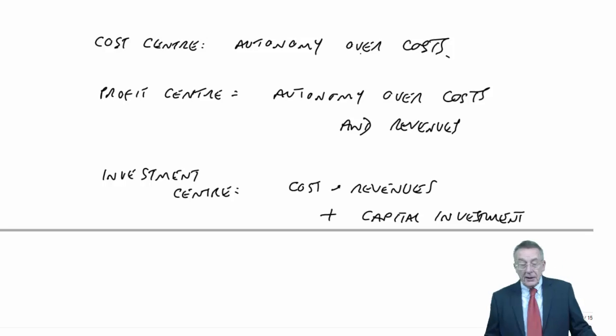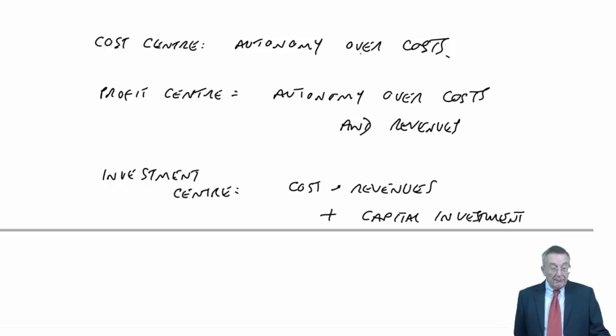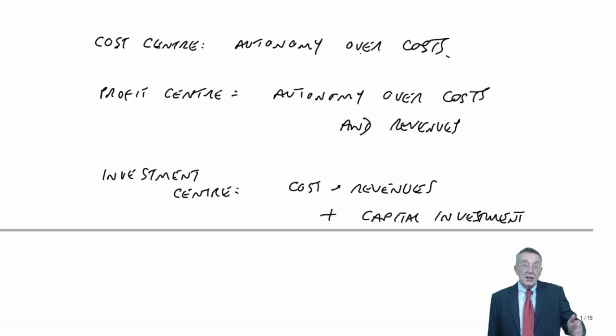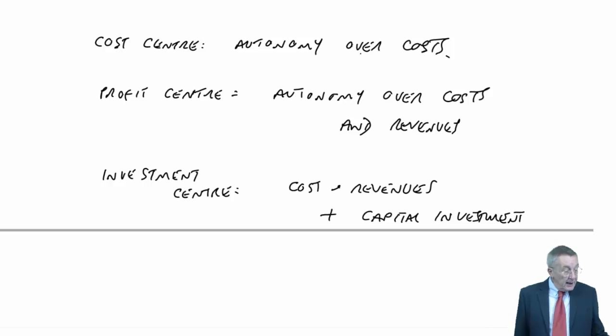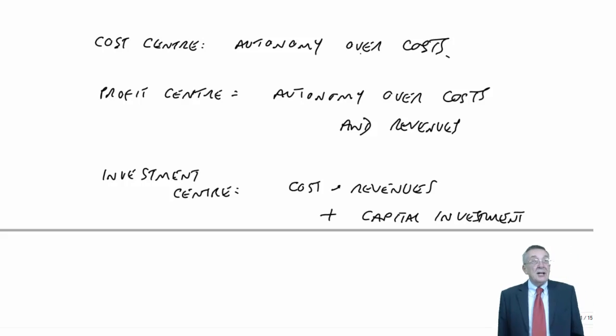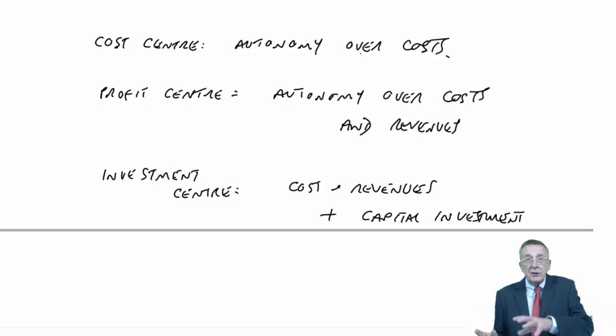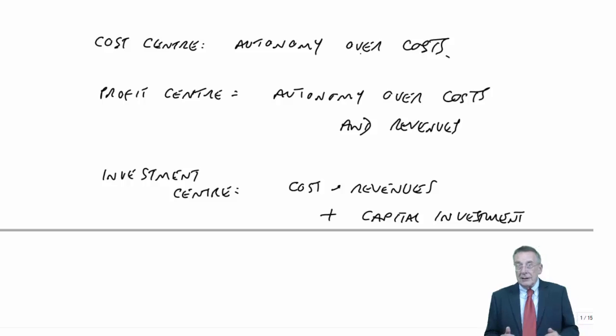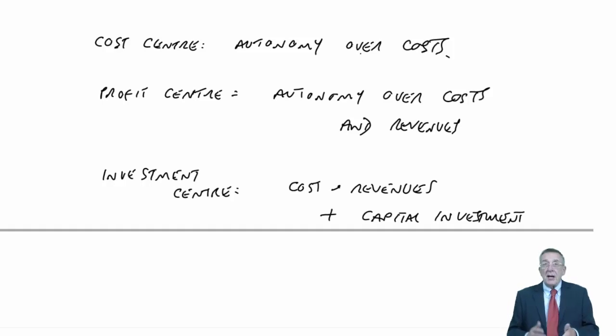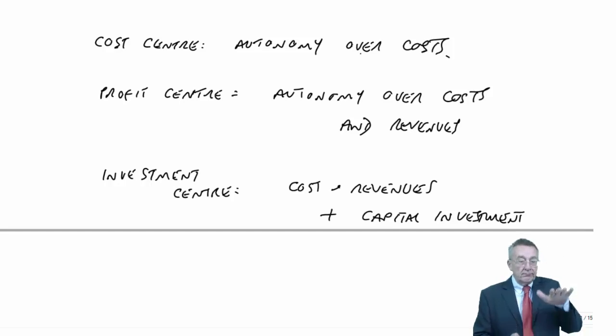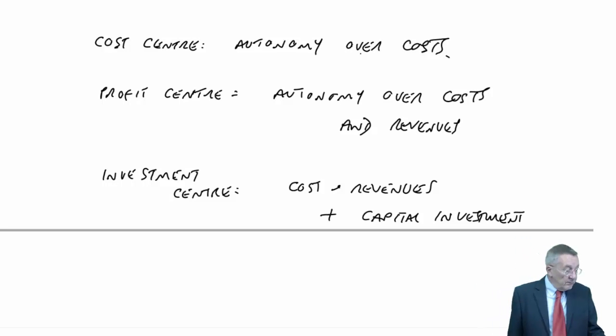And the sort of things I might look at are just the absolute figure, compare this year's costs with last year's costs or with budget. Things like cost per employee might be relevant. Individual costs, material as a percentage of total costs. There's no rule, but obviously if it's a cost centre, I'll be focusing on the costs themselves. Essentially, obviously, the lower the better.